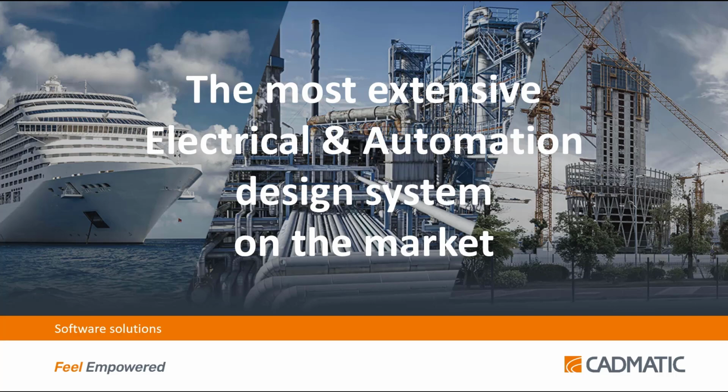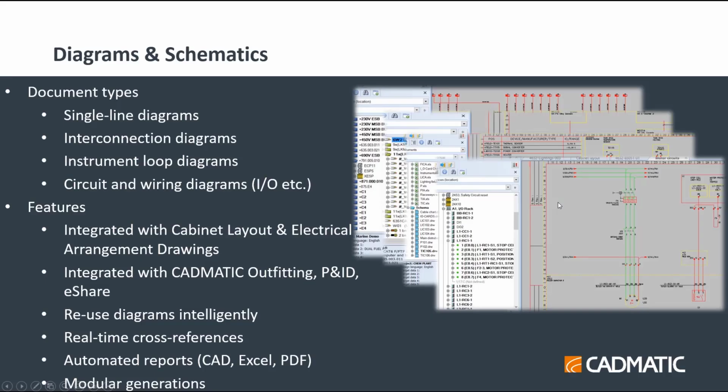But a small recap to what you have seen today. Regarding diagrams and schematic, you can use CADMATIC Electrical to create single line diagrams, key single line diagrams, interconnection diagrams, instrument loop diagrams, circuit and wiring diagrams.